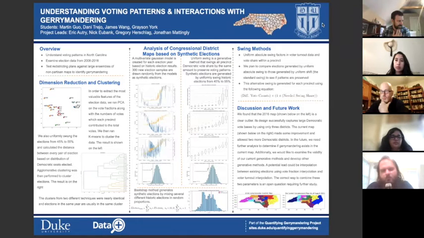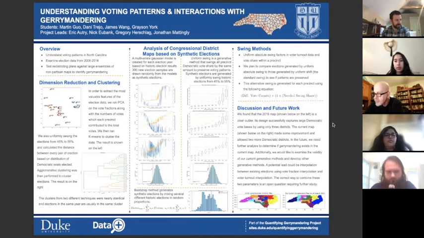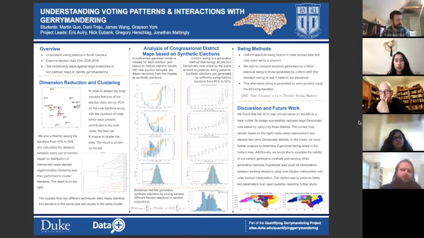After that, we performed a different form of clustering where instead of starting with the PCA, we started with just the elections themselves and placed them in a distance metric that we created based on how different the results of the election were after being run through a map. When we did this, we agglomeratively clustered them based on this distance metric.